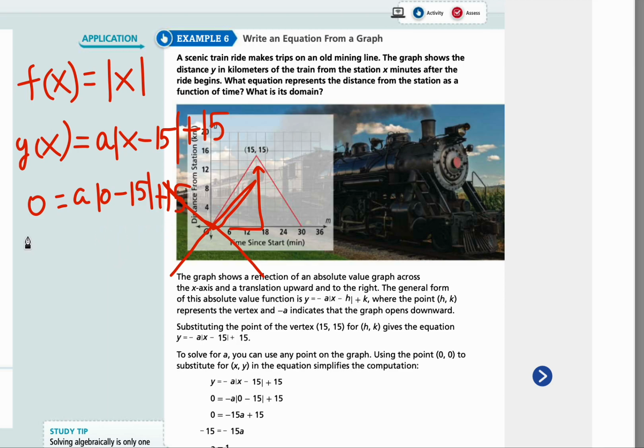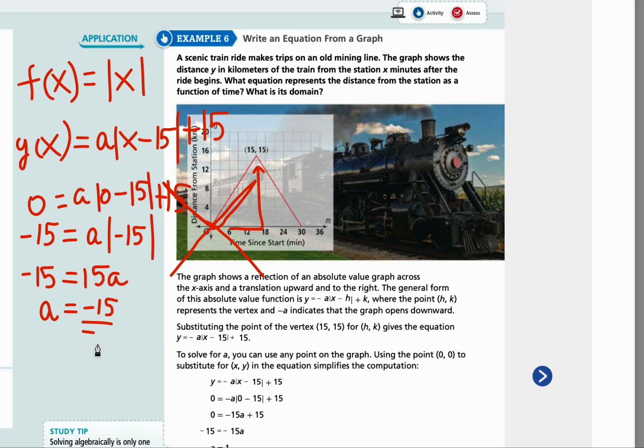Solving this, you have negative 15 here, and then a times the absolute value of negative 15, which is just positive 15a. And that is equal to negative 15. So your a should be negative 15 divided by 15, which is equal to negative 1.